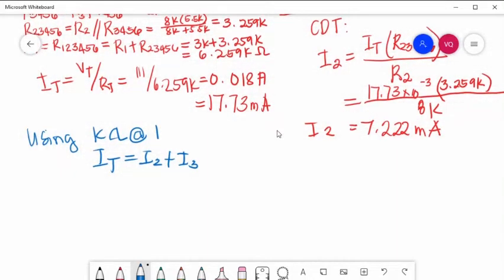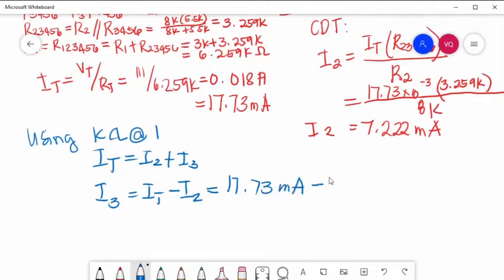So, solving now for I3, IT minus I2. So, that is equal to 17.73 milliampere minus 7.222 milliampere.